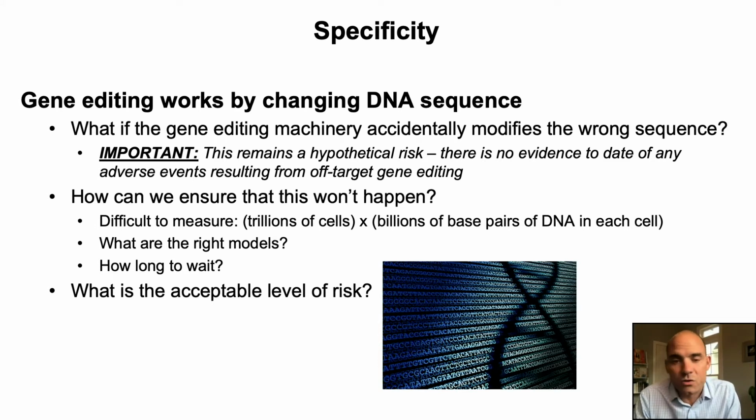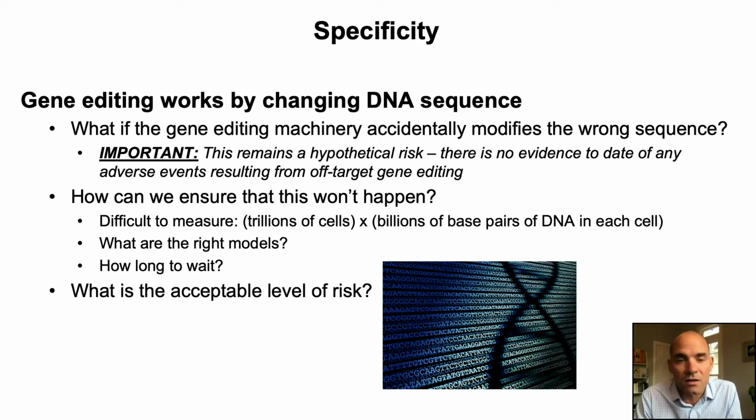And to underscore the scope of the challenge, in this type of treatment that is addressing all of the muscle cells in the body, which may make up trillions of cells, and in each one of those cells, there are billions of base pairs of DNA, the ability to even measure what the potential off-target DNA modifications might be is daunting. If you take all of those trillions of cells and multiply them by all of the billions of base pairs of DNA in each cell.